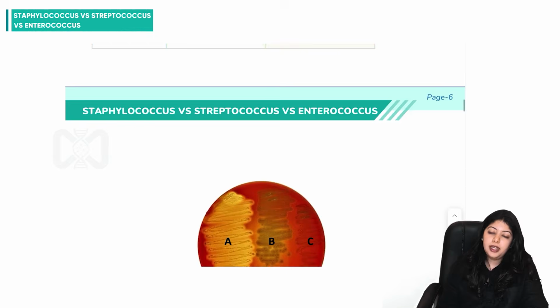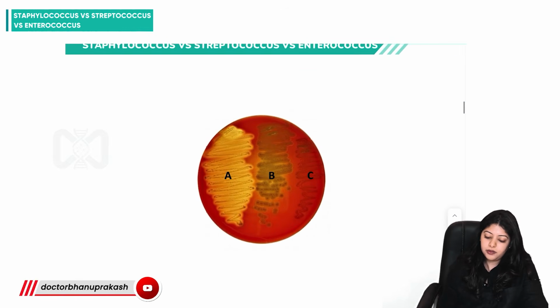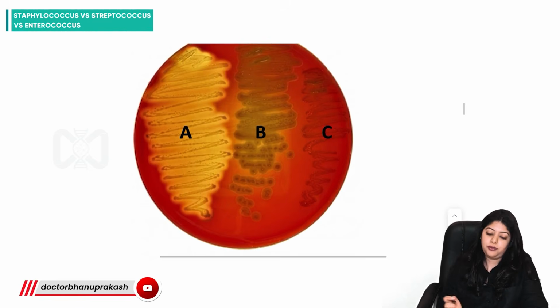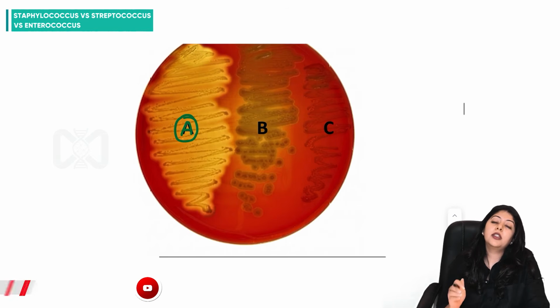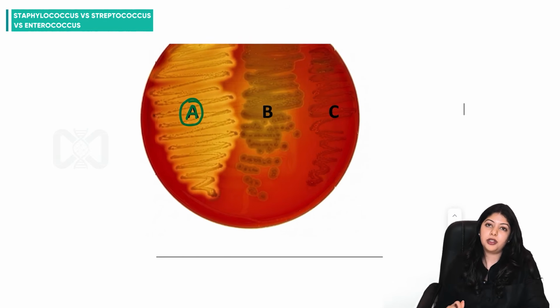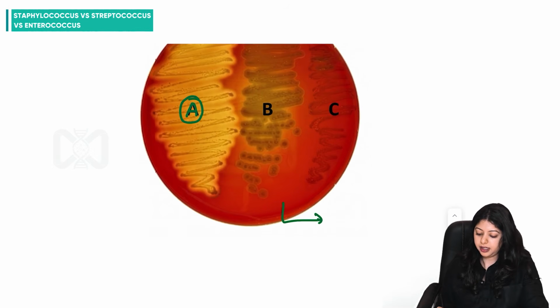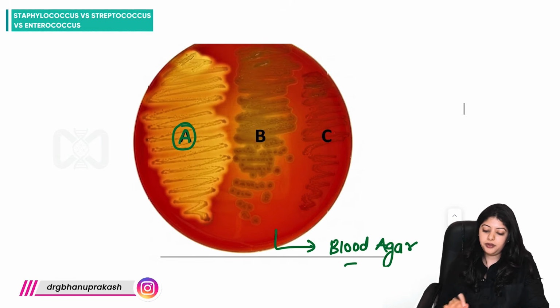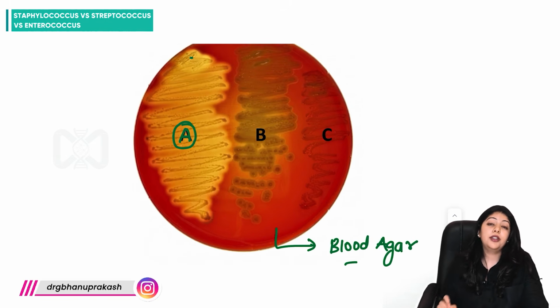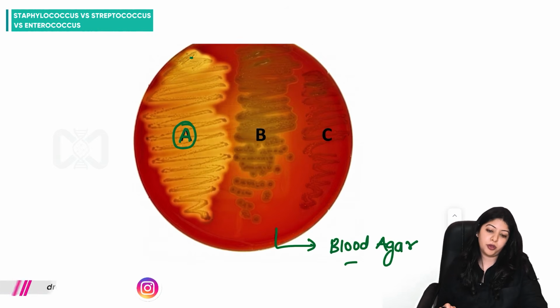So now let us understand this with the help of the image. In the very first image, A, we have three types of hemolysis shown in a single Petri plate. So this is the blood agar, and we can very well appreciate three different patterns of hemolysis.